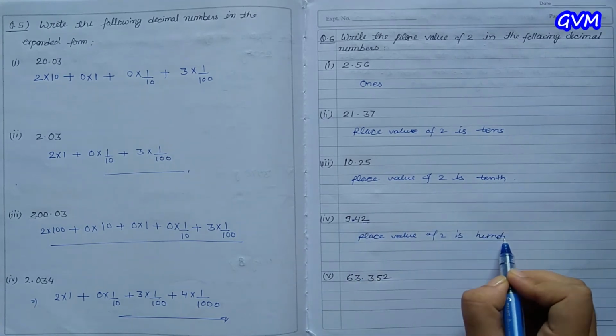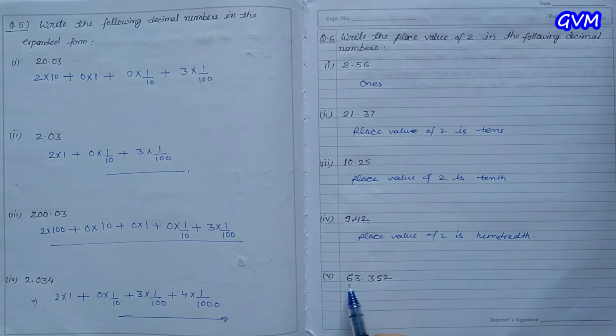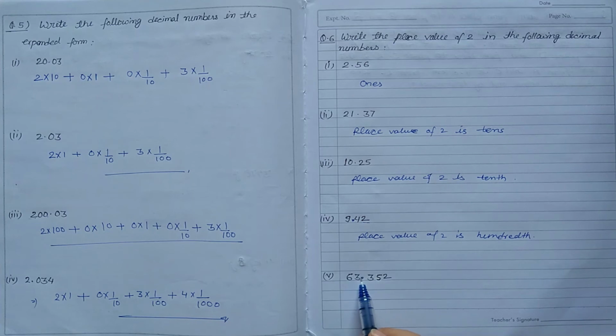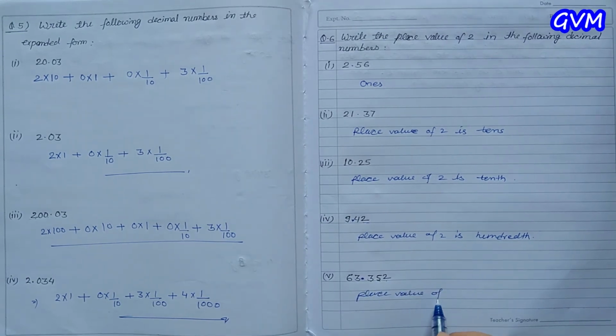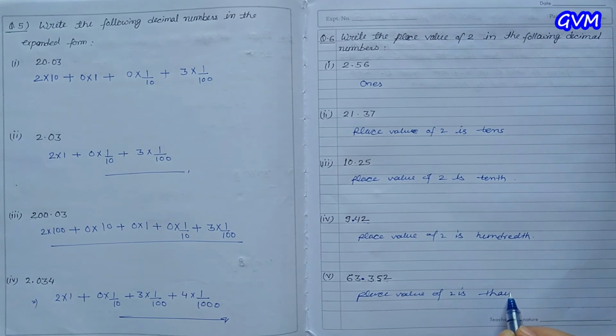So this is 100. Now 63.352. So point के बाद third place पे 2 आ रहा है. That means this is 10th, 100th and 1000. So place value of 2 is 1000. Okay. So this is your question number 6.